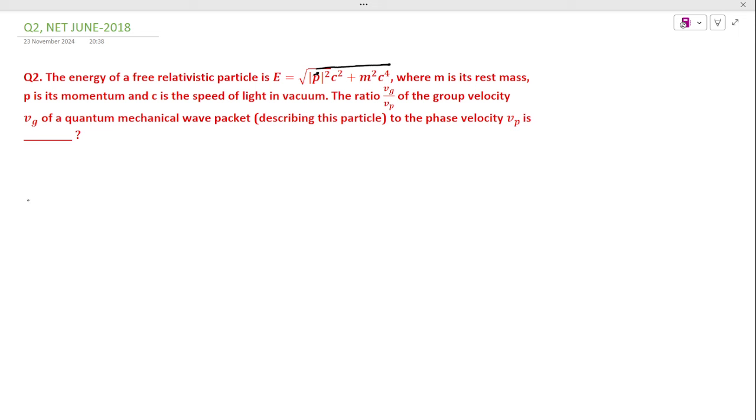So we have the relation that E square equal to p square c square plus m square c to the power 4, and we know that the group velocity is dE/dp and the phase velocity is Vp equal to E by p.